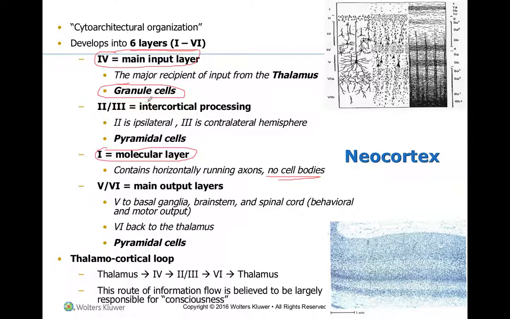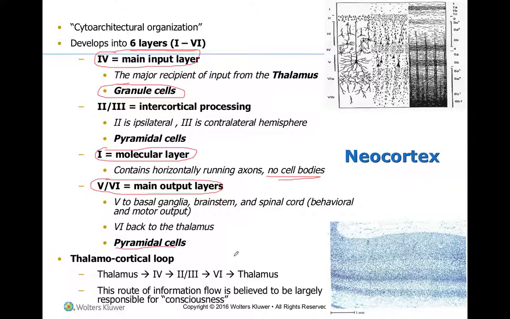Layers 2 and 3 provide intercortical processing. Pyramidal cells reside here in 2 and 3 as well as in 5 and 6. Layers 5 and 6 are our main output layers, where 5 goes to the basal ganglia, brainstem, and spinal cord, and 6 can relay information back to the thalamus.